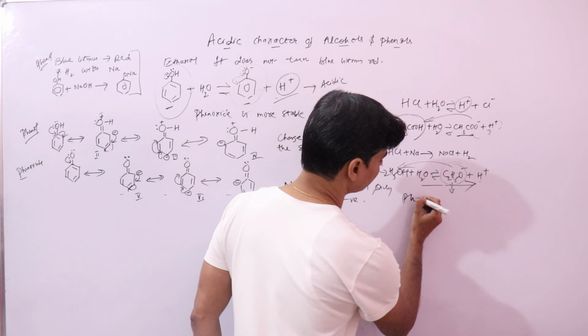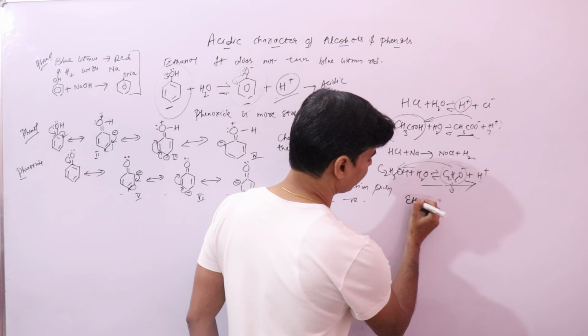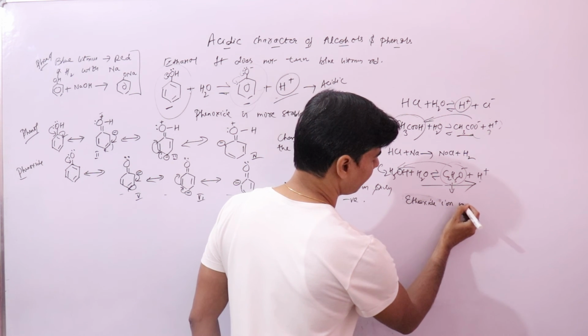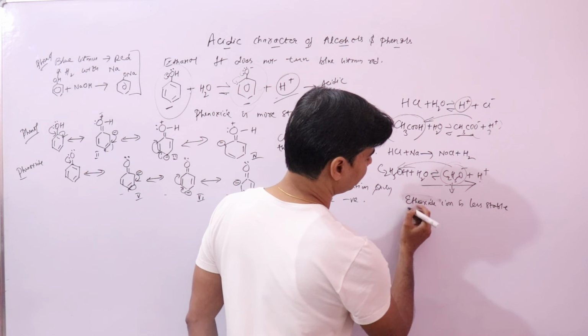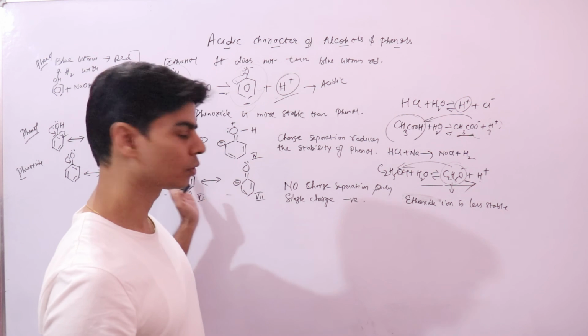So your ethoxide ion is less stable, because it has no resonance forms like phenoxide and phenol.